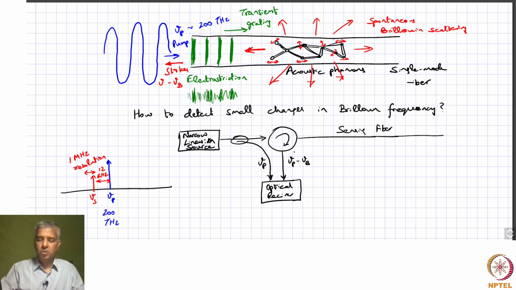Okay. But mind you, that frequency is still 12 gigahertz away. So, effectively you get a 12 gigahertz component in this receiver, and then you need to look for small changes in frequency around that. Okay. So, that is what you typically try to do as far as using this Brillouin sensing is concerned.